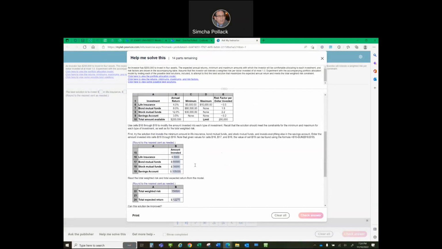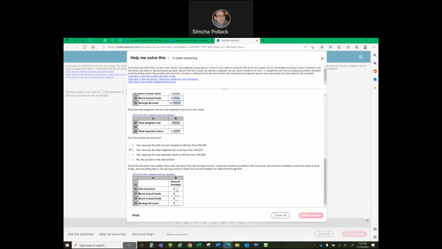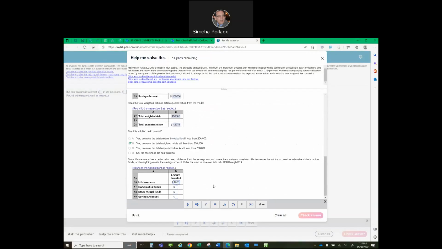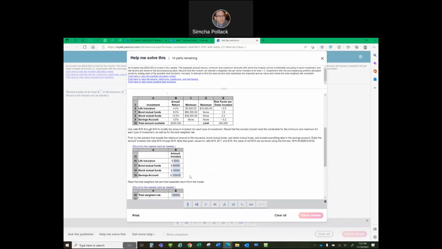What's the maximum? $10,000. 10,000 is the maximum. Again, follow the instructions. This is the better return and a better risk factor, so it's best to use the maximum. The minimum possible in bonds and mutual funds. The minimum we said was 5,000, 60,000, and 30,000.